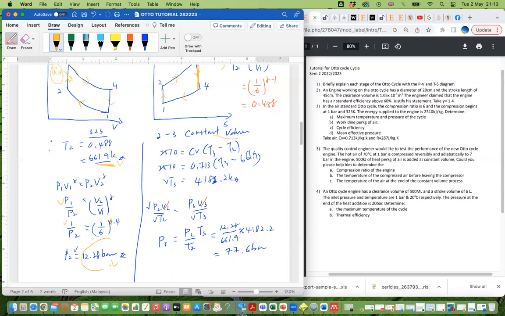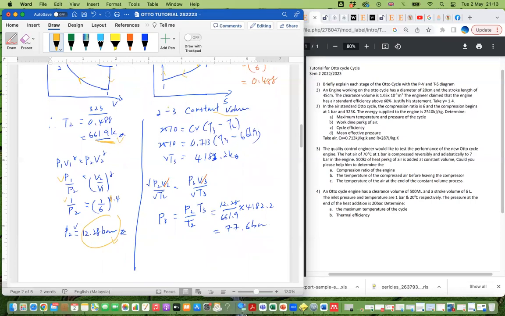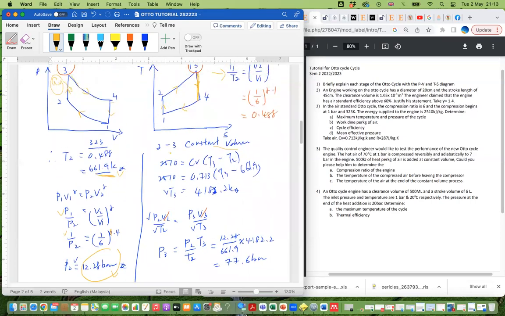And therefore you can get your P2. Check the value, but I am sure that my step is correct, okay? And then since we have T2 and P2, we move to 2 to 3. So 2510 equals Cv times (T3 minus T2).